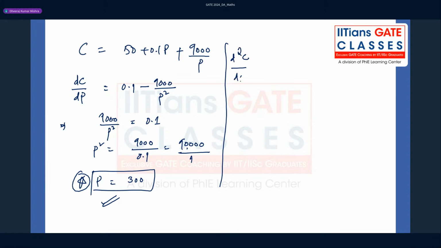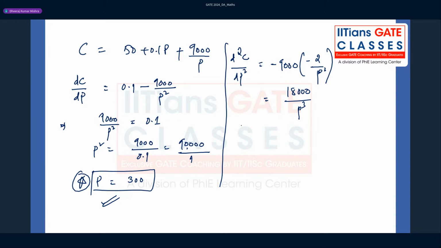So d2c by dp square, if you go like this, it becomes minus 9000, minus 2 by pq. Now if you multiply this, it becomes 18,000 upon pq. I believe this is fine for all. Now you can plug 300 in place of p, so this is going to be positive only, guys.